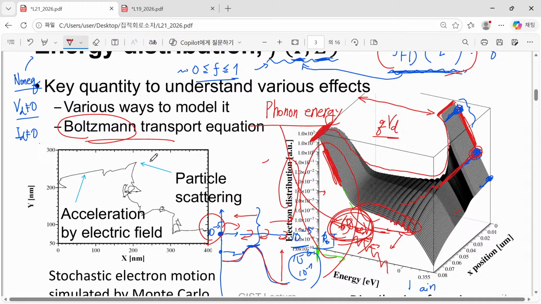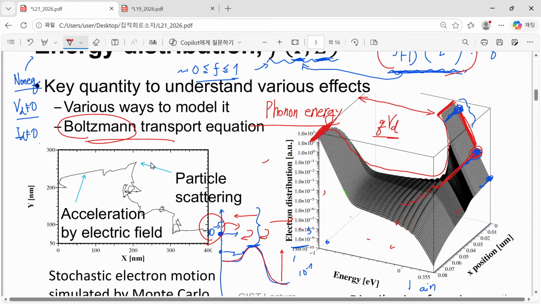If we have the energy distribution function from this information, what we can say is, in order to be eligible for impact ionization, its kinetic energy should be larger than 1.12 electron volts.